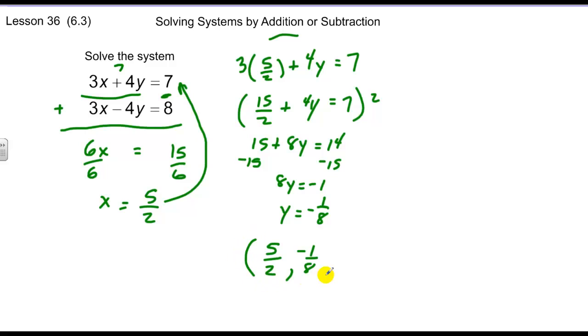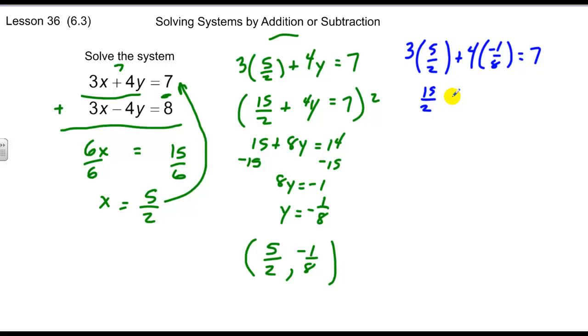And because this is kind of odd, we've gotten a lot of integers lately, let's just check this. So I'll take 3 times 5 halves plus 4 times negative 1/8 and hope that is equal to 7. That's 15 over 2 plus negative 4 over 8, which is like negative 1 over 2, plus 15 over 2 is 14 over 2, which is equal to 7.